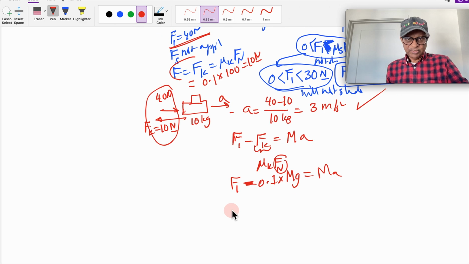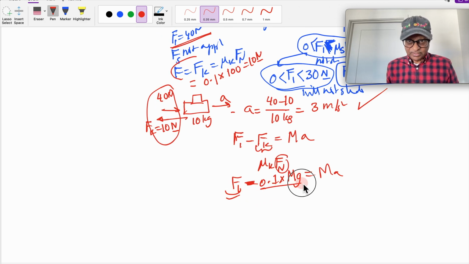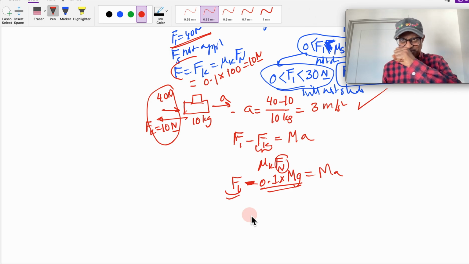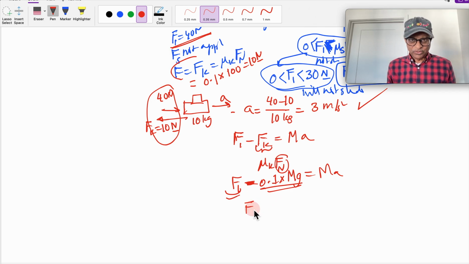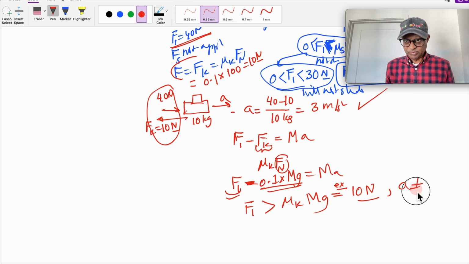So as long as F1 is greater than that, it is going to slide. It's not going to come to a halt. As long as F1 is greater than mu k mg, which in this example is 10 Newton, acceleration will not be 0.